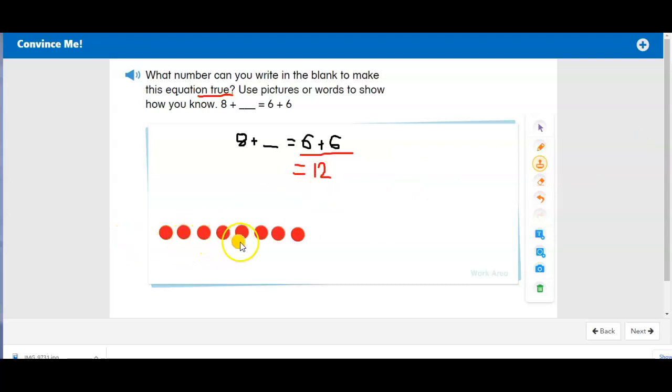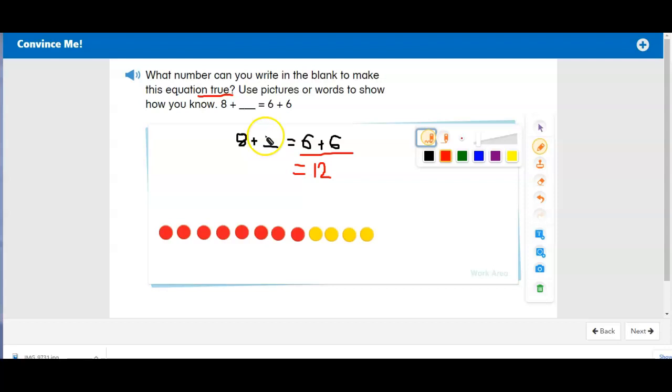So I have 8 counters here. Now I'm going to count on until I get to 12. So I'm going to count on from 8, 9, 10, 11, 12. So I started with the 8 red counters. How many yellow counters did I have to add on to get to 12? 1, 2, 3, 4.